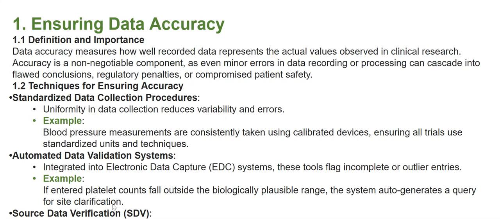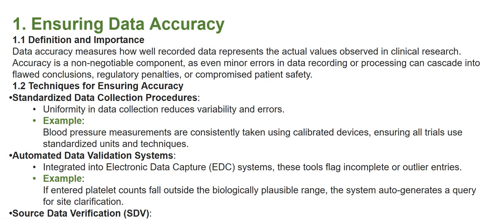Meaning, if wrong or inaccurate data was entered in a different format from how it is supposed to be entered, that particular section in the EDC system will generate automatic queries, and this is called automated data validation systems.